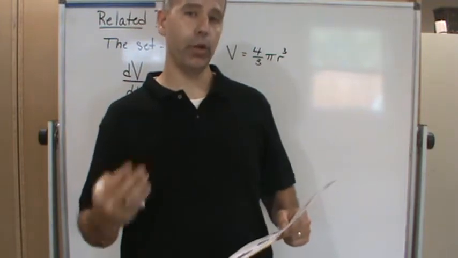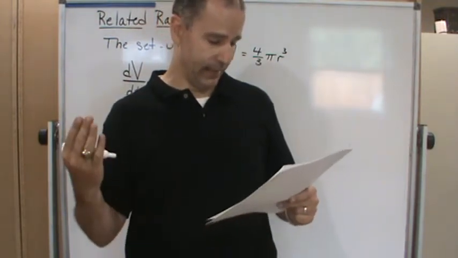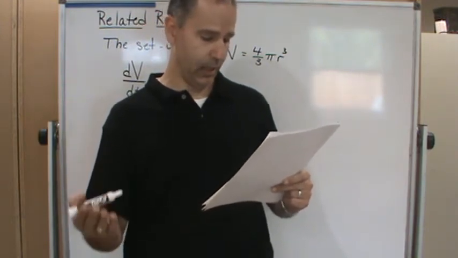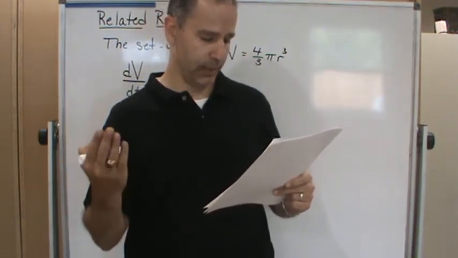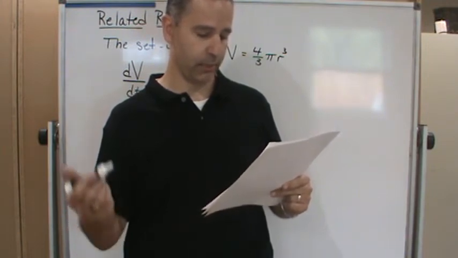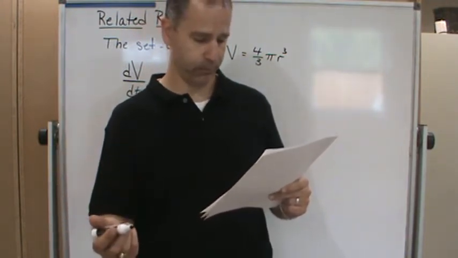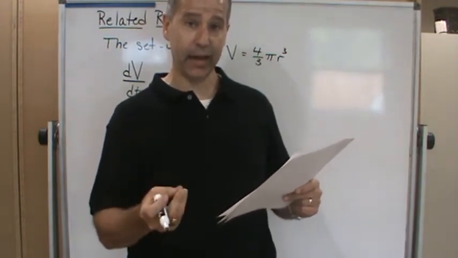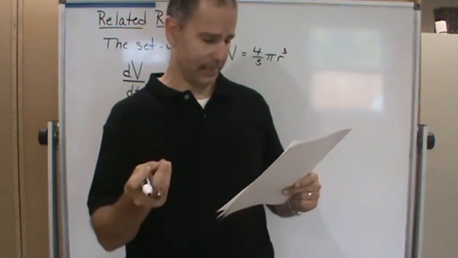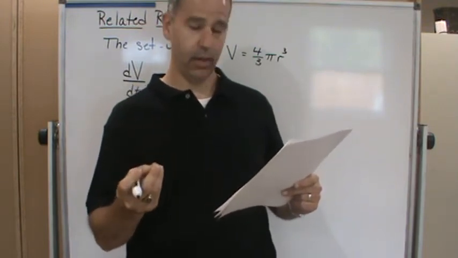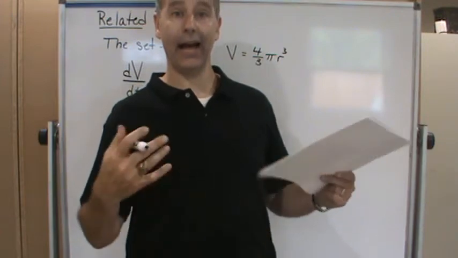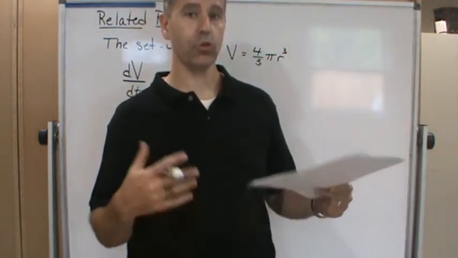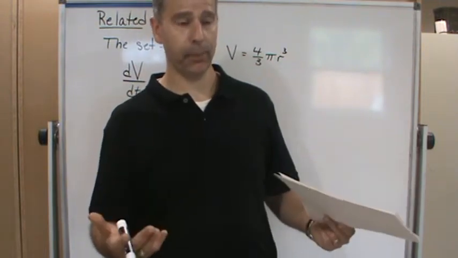They're giving you the rate of the volume: the balloon is being filled at 2 cubic centimeters per second. That's volume. Given this rate, and when the radius is 3 centimeters at that instant, how fast is the radius changing? How do we approach that?